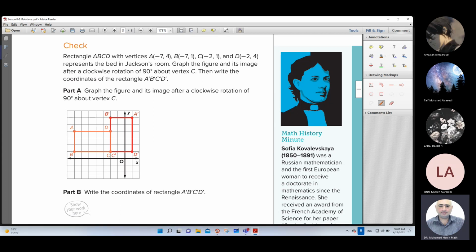So the first part, A: graph the figure and its image after a clockwise rotation of 90 degrees about the vertex C.